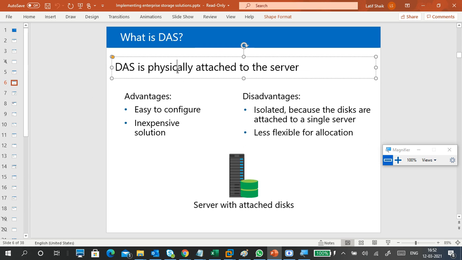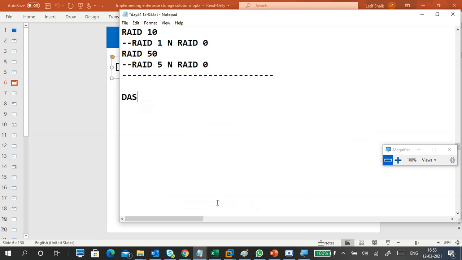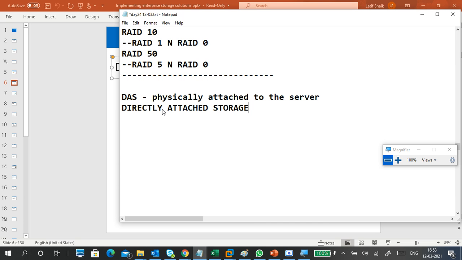What is DAS? Directly attached storage. It depends upon attachments only. DAS means directly attached storage.